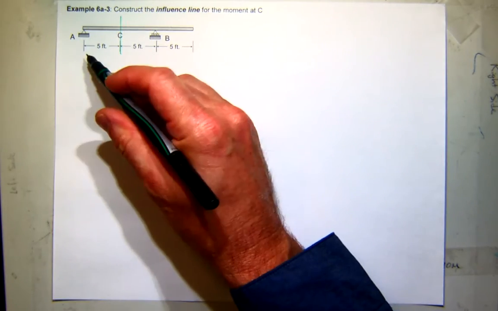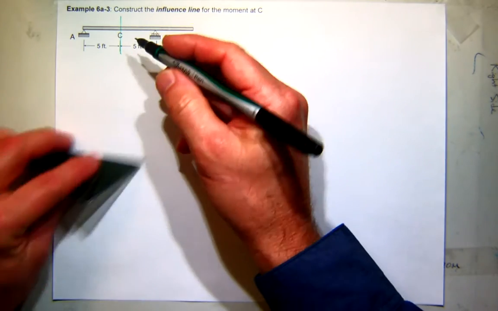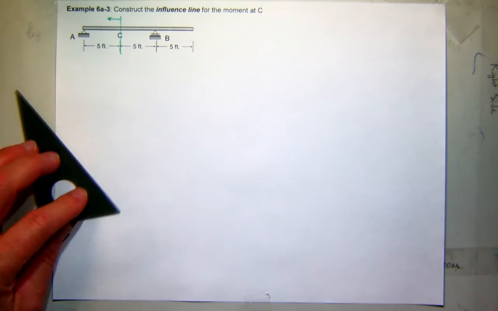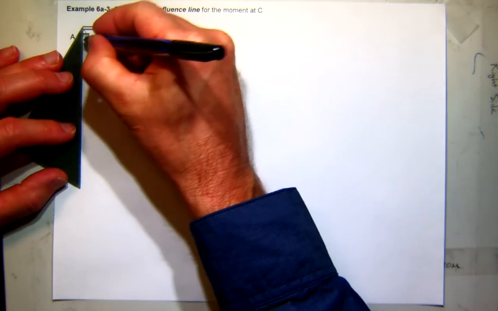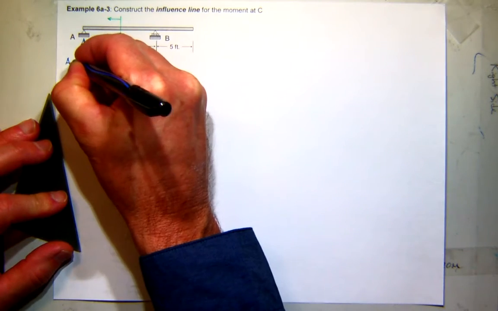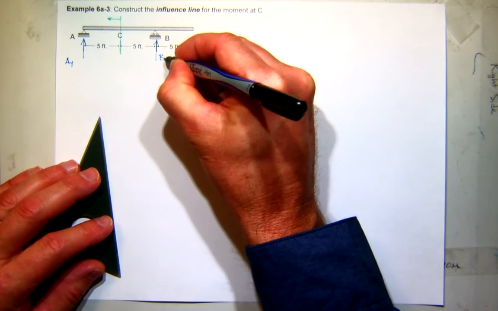Which side do you want to work, the left side or the right side? Yeah, the left looks like a good one. And since I want to go left, then I'm going to be interested in finding AY as part of that free body diagram. And I won't be so concerned about BY.